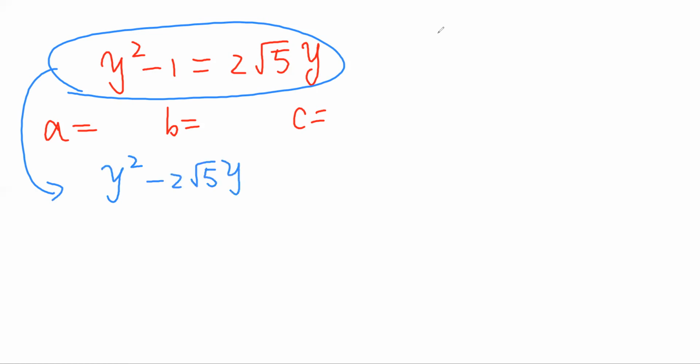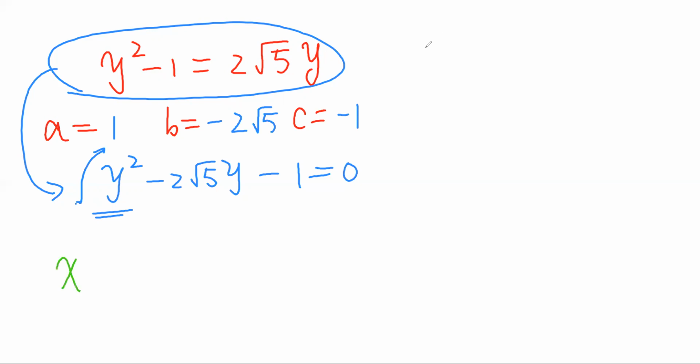And also arrange the sequence from the highest degree to the lowest degree, so we can get the coefficient of each one. So the coefficient right here is 1, right? From here, B is here, and C is -1, right?